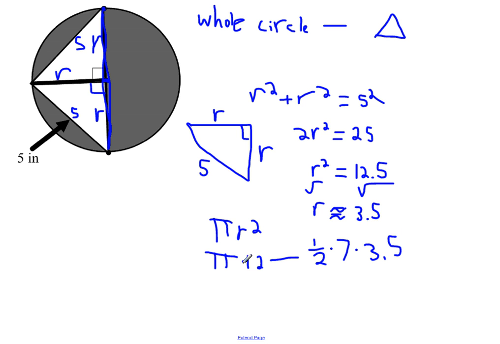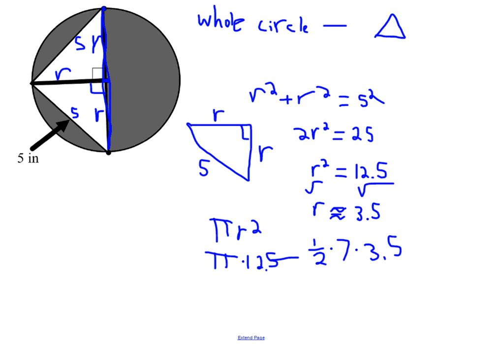So I would just enter all of this into your calculator at once. Pi times 12.5, that should be 12.5 there, minus 0.5 times 7 times 3.5.